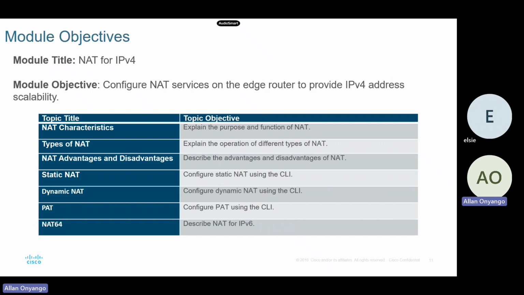We'll configure it using the Cisco CLI, the dynamic NAT, and finally port address translation, otherwise known as NAT overload. And finally, we look at NAT for IPv6. So this is a very, very important concept, and I'm also going to take you through most of the configurations. I'll take you through a couple of them so that you know exactly how each type operates.